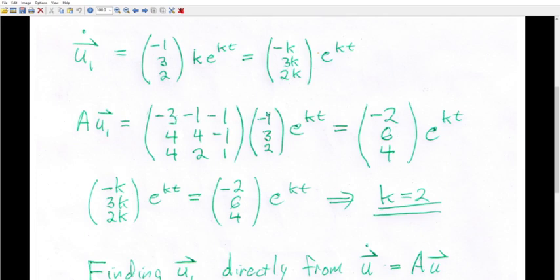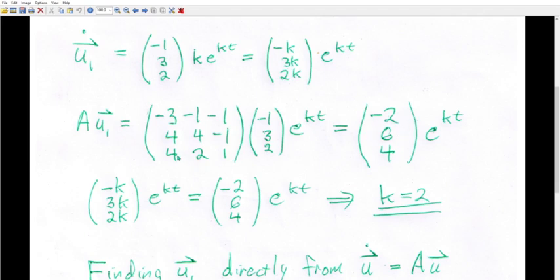Minus 3 times 1 is -3, minus 1 times 3 is -3, so... Minus 3 times -1 is 3, minus 1 times 3 is -3, so 3 minus 3 is 0, and minus 1 times 2 gives us -2, so this component is a -2. Now carrying out that same dot product, but now with the second row, (4, -4, -1): 4 times -1 is -4... 4 times -1 is -4, 4 times 3 is 12, 12 minus 4 is 8, and then -1 times 2, 8 minus 2 is 6, so we get a 6 here.